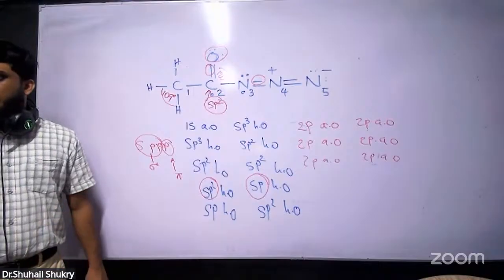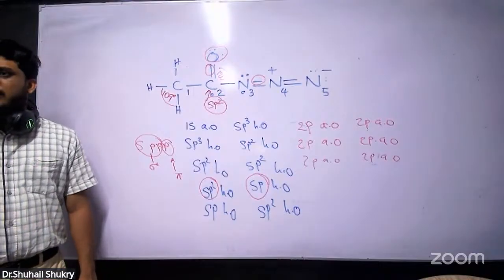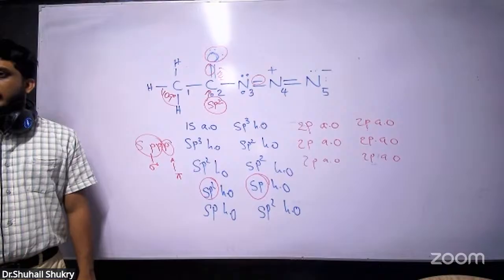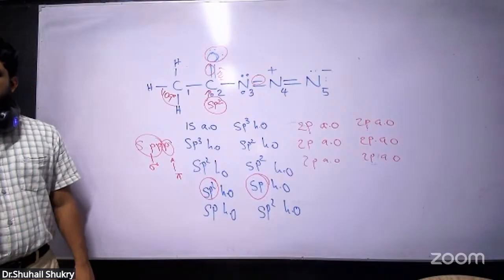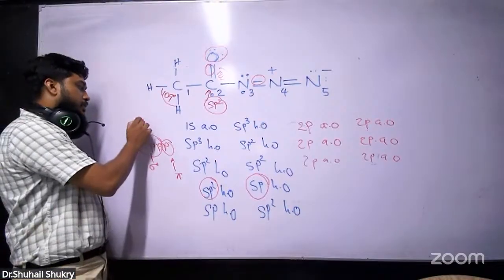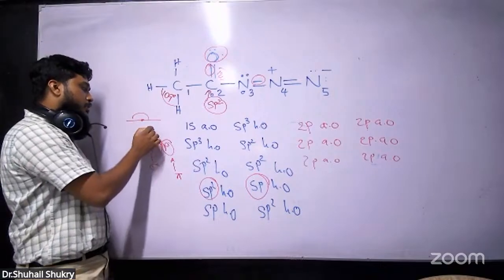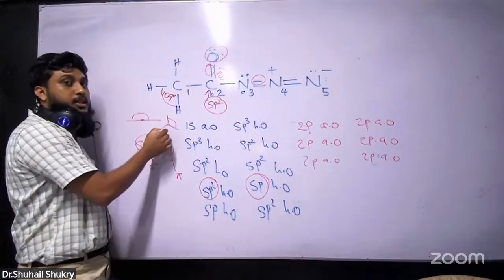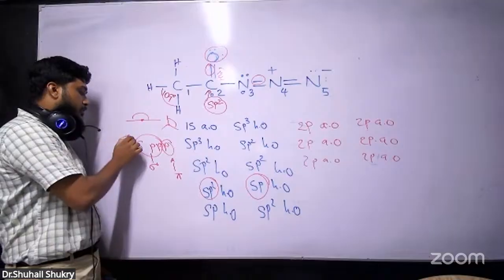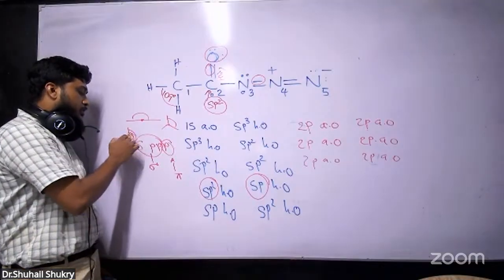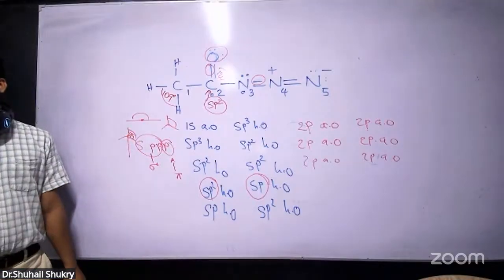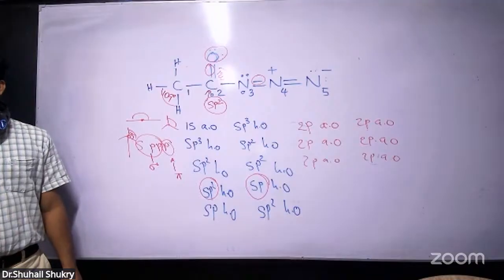You only have to remember 3 angles. If it is linear, 180. Trigonal plane, 120. Tetrahedral, 109. Only these 3 things you have.